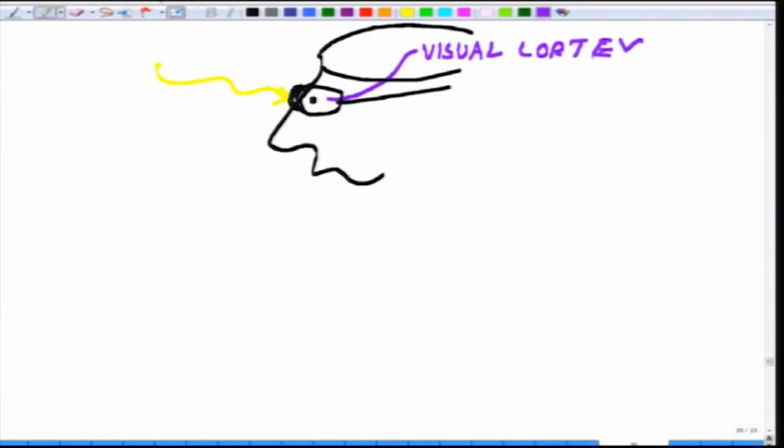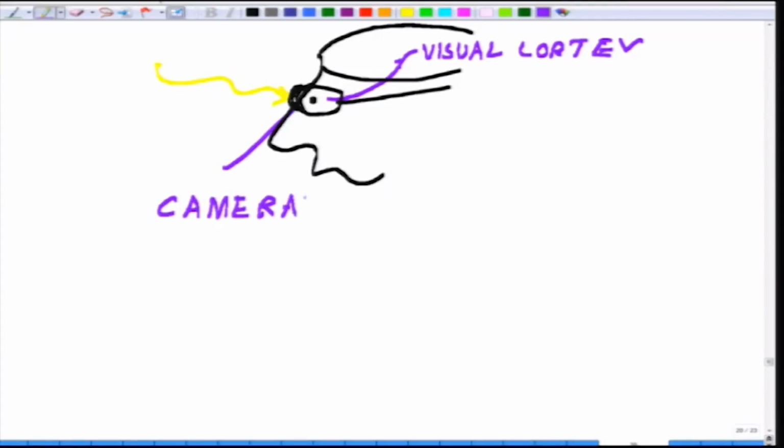So, there is an enormous amount of electrode implantation which has to be done to ensure all the message reaches the brain at the visual cortex, and then of course, this person will be able to visualize if this person is unable to see.